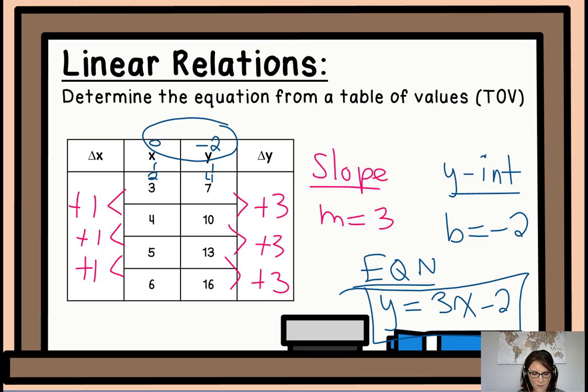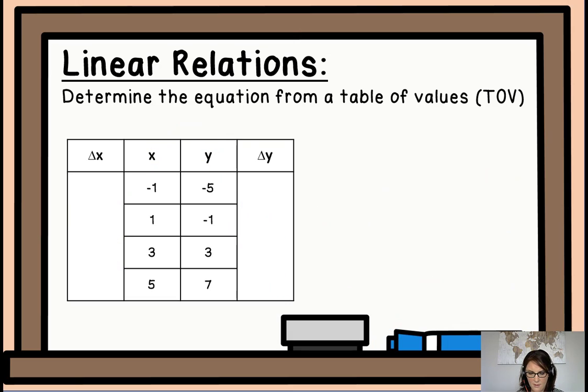All right, let's take a look at another question. Determine the equation from a table of values. So down the y column we have negative 5, negative 1, 3, and 7. And down the x we have negative 1, 1, 3, and 5. Okay, so again we're going to look at our change in y and the change in x. So as we move down the column from negative 5 to negative 1, what did we do? We added 4.